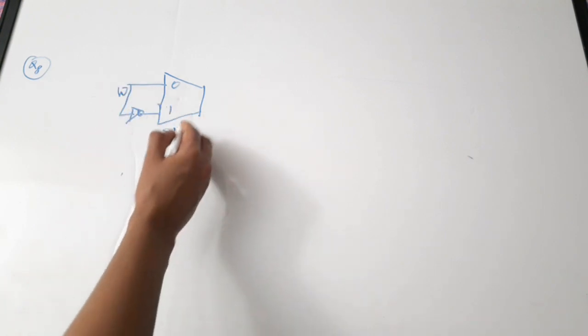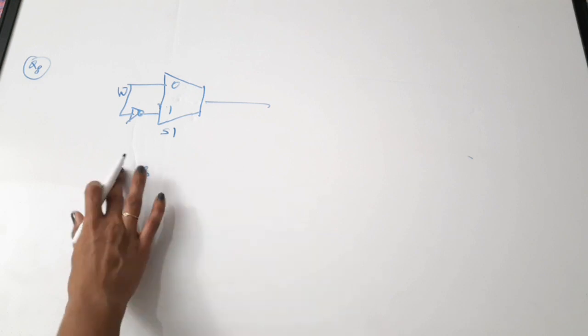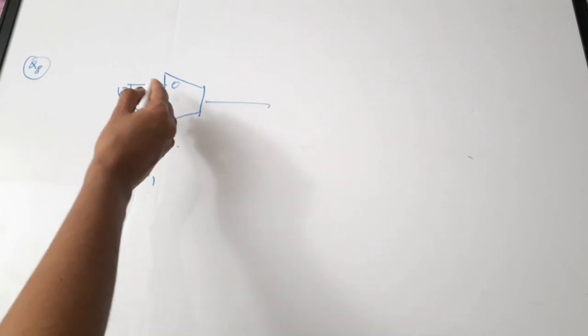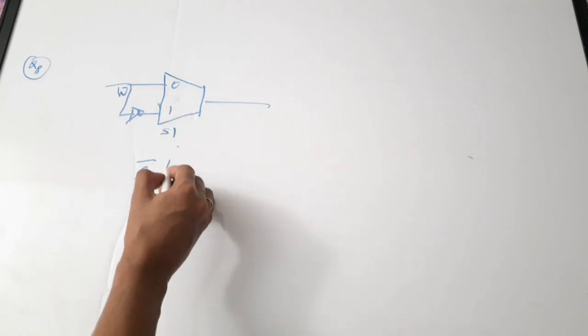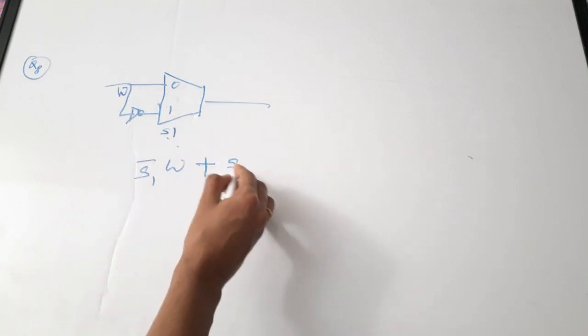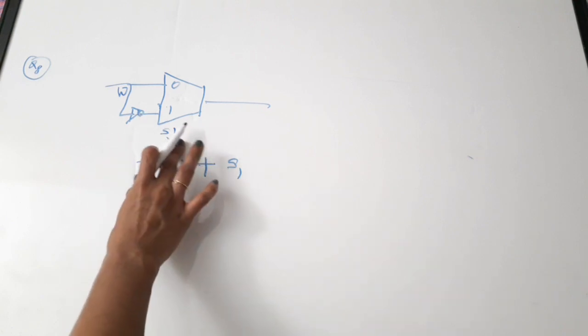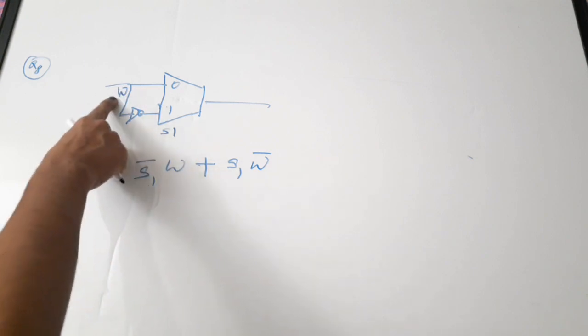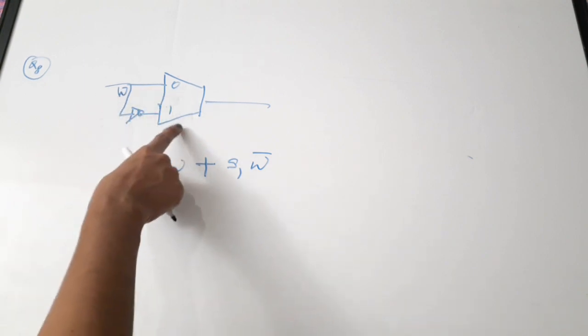So what will be the output? When S1 is 0, so that is S1 bar, it will be selecting W. Plus when S1 is 1, it will be selecting W bar. Very simple. W is connected to 0 line, W bar is connected to line 1.